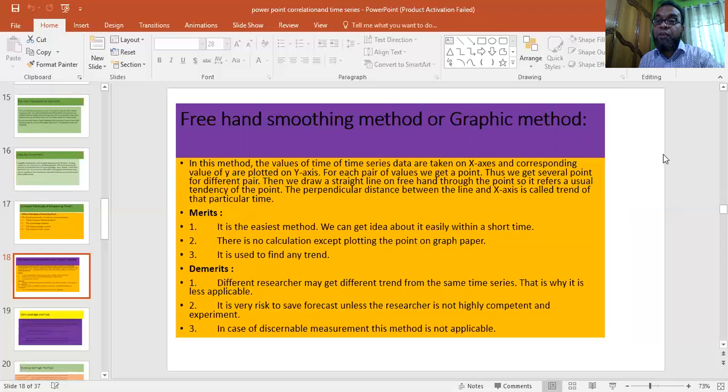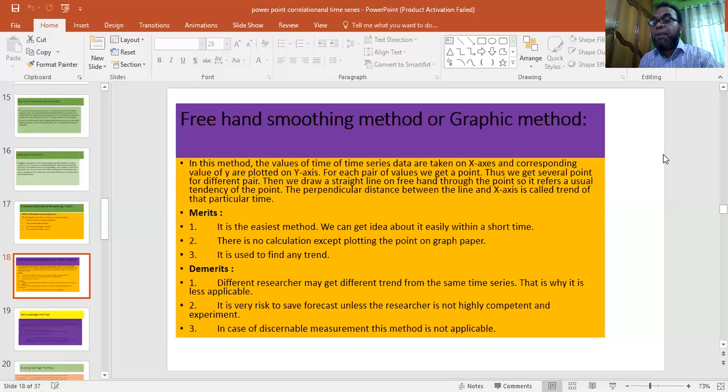For each pair of values, we will get a point. Thus, we get several points for different pairs. Then we draw a straight line through the points by using a scale, not freehand. By using the scale, you will join the points. So it refers to the usual tendency of the points. The line is called the trend line.